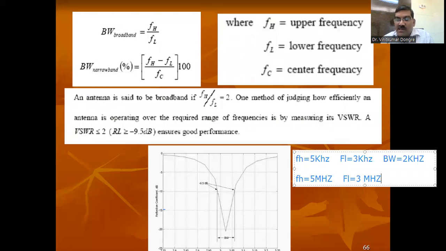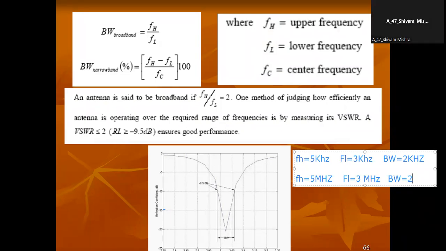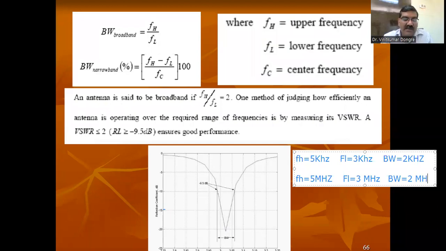Okay, what will be my bandwidth? Anyone? 2 megahertz. Simple, nothing great. Okay, so my bandwidth is 2 megahertz.